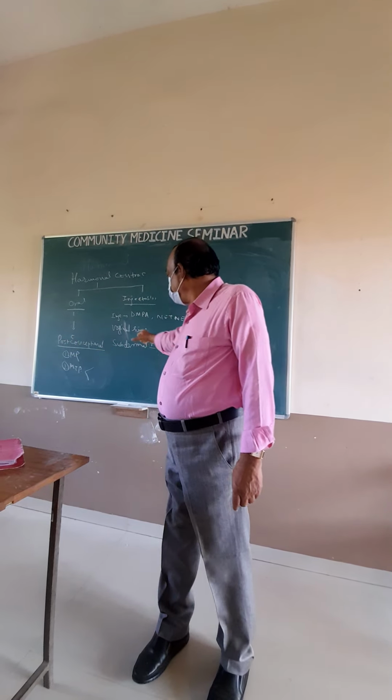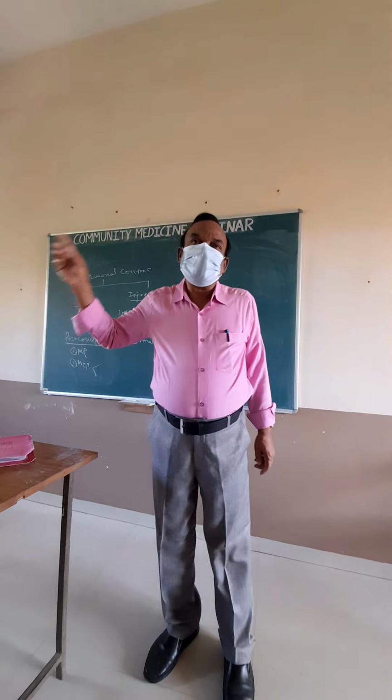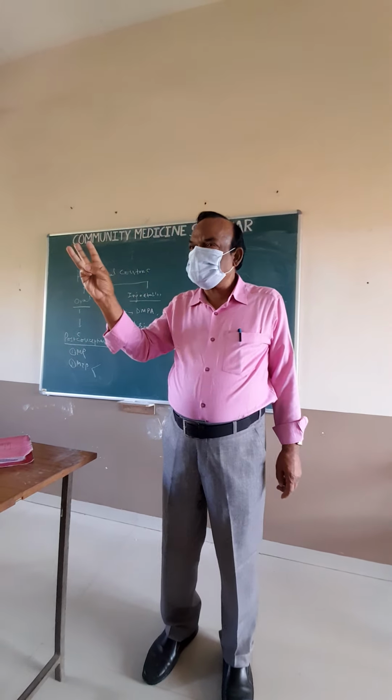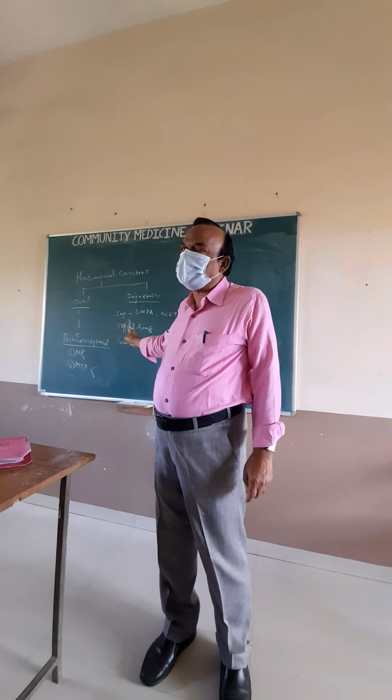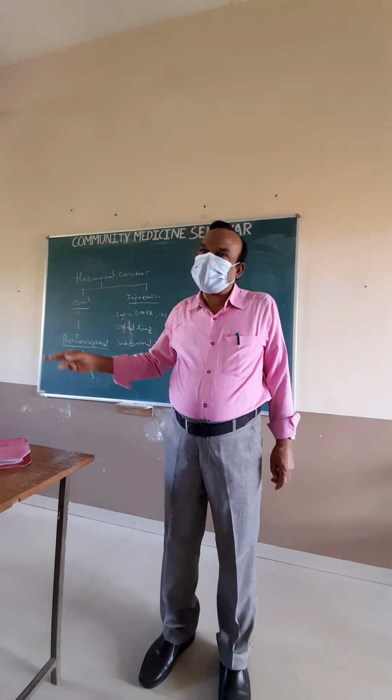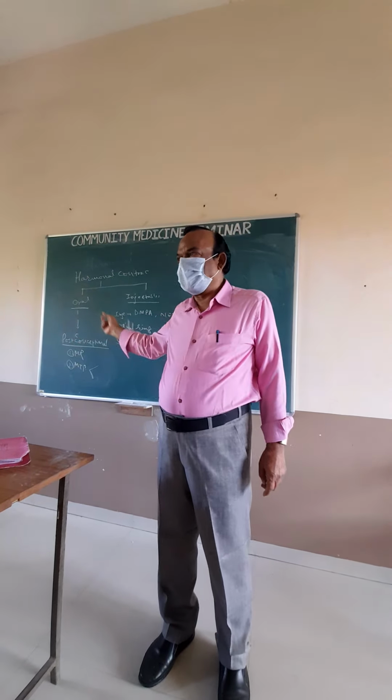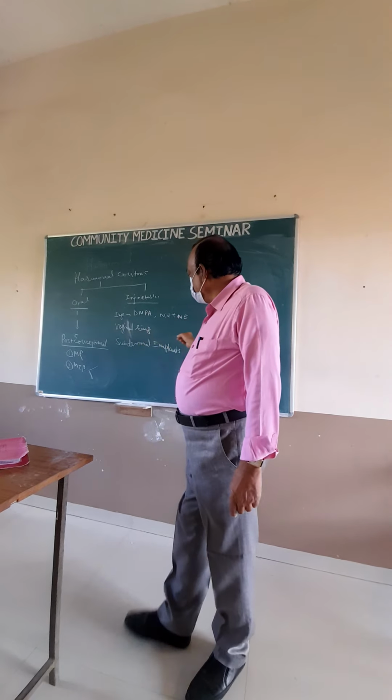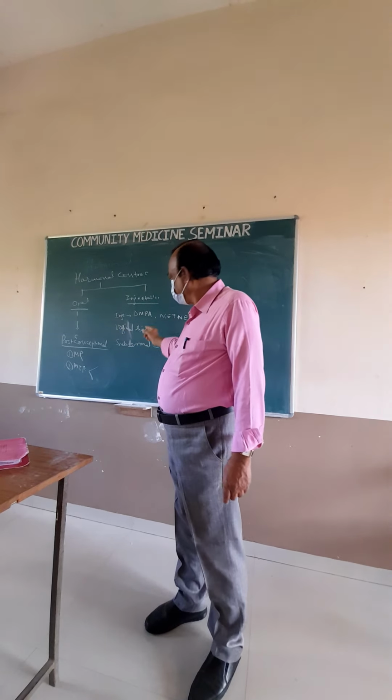The procedure is you keep the vaginal ring for 3 weeks, and in the 4th week the ring has to be removed. This has to be repeated after 1 week. That's why this is not in practice.